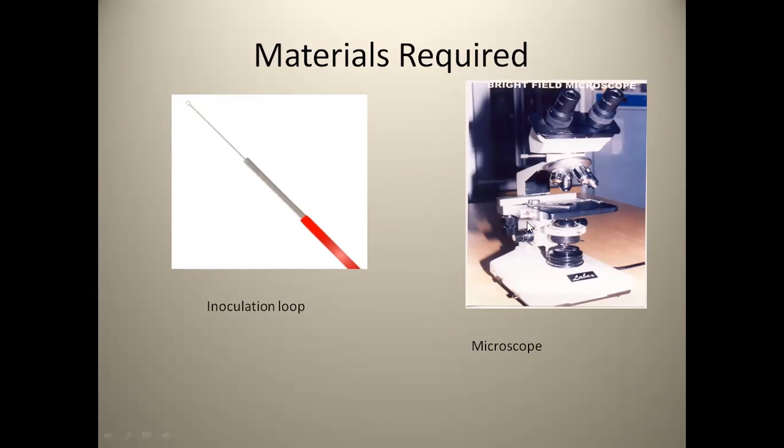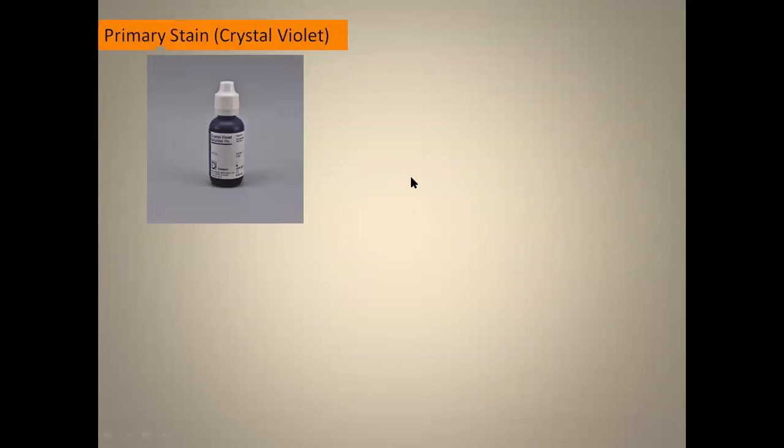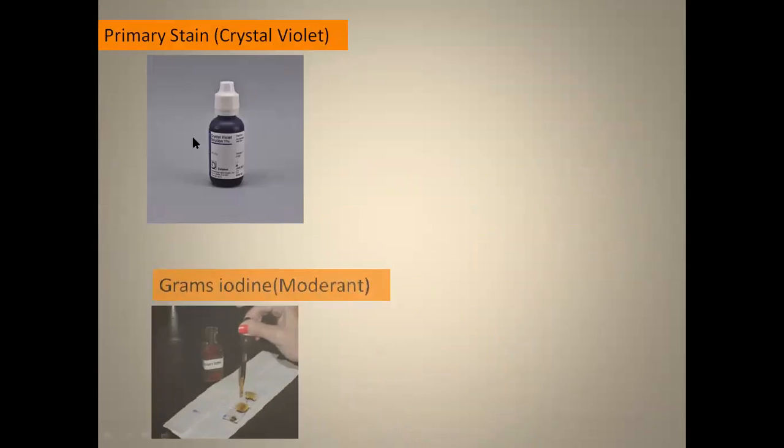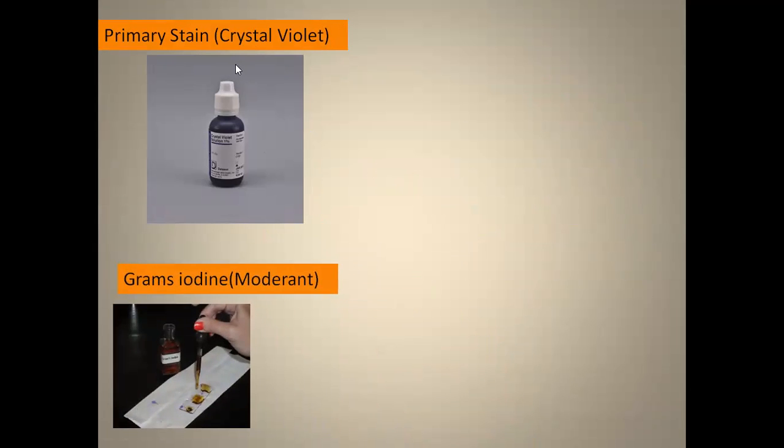And you know that this is a microscope, a compound or bright field microscope, a binocular microscope, whatever you can say. Then you need the primary stain, crystal violet.